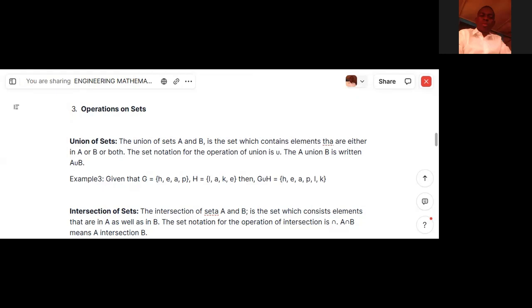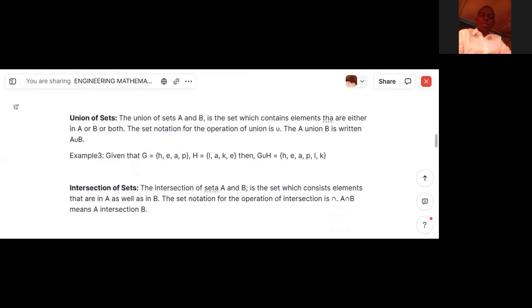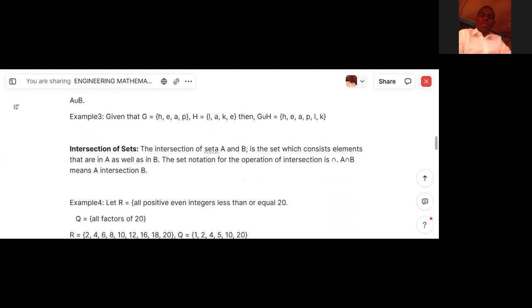There is an example given in the material. If G contains elements H, E, A, P, and H contains elements L, A, K, E, then G union H gives us the elements H, E, A, P, L, and K. Mind you, A is found in these two sets, but it is not repeated in their union.